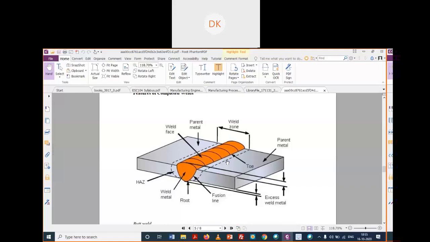But if the material is plastic, I've shown the curve. If the material has already gone through the elastic state and falls into the plastic state, then if you put enough heat and bring the material into the plastic state, we can join the material by using some pressure.